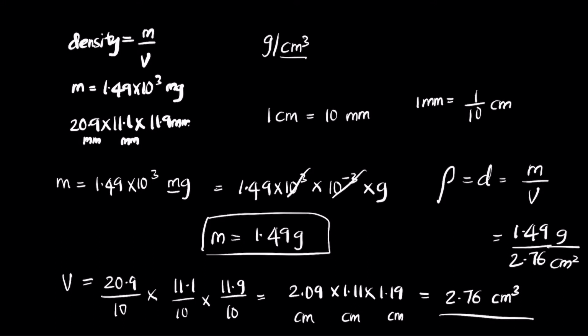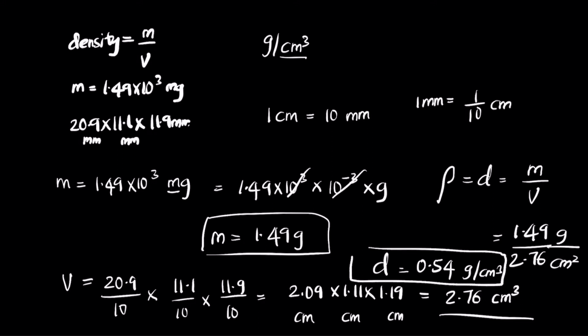So you have 1.49 divided by 2.76, that gives you a value of 0.539. So let me simplify it as 0.54 gram per centimeter cube. So this is the density of the lithium metal that we are using. So this is how we can do the problem.